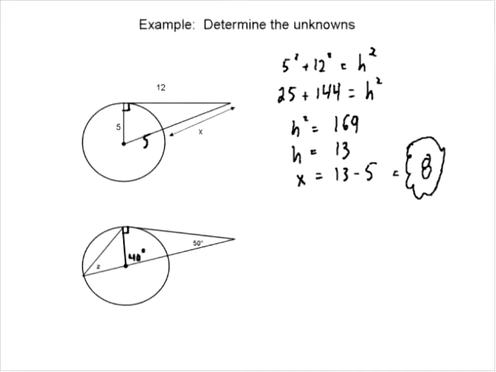Now, if that's 40 degrees, how does that help us? Well, here's what we have to recognize. And this is something that hopefully everyone has seen, because we're going to look at not only properties to deal with tangents, but all the properties that we've dealt with in circles. So if this right here is 40 degrees, this is a central angle, and this angle Z is an inscribed angle.